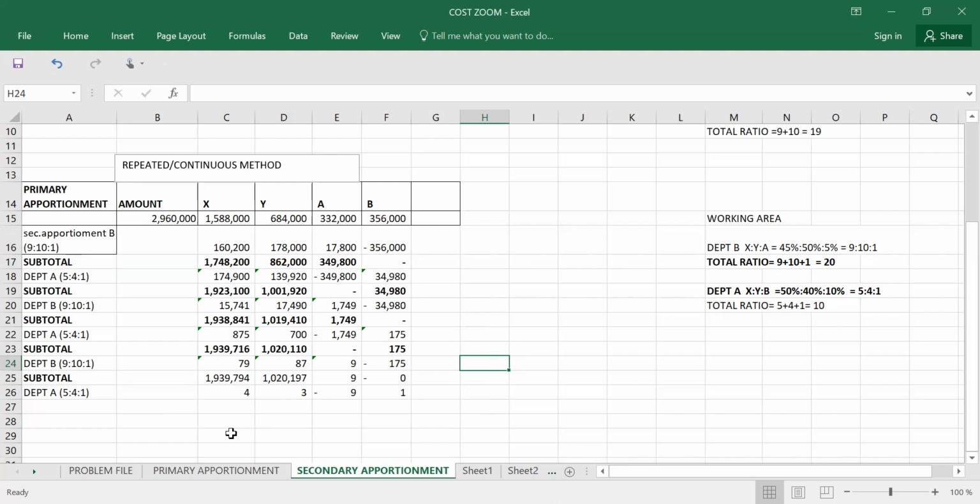And when that happens, you find that we basically have almost a 0.